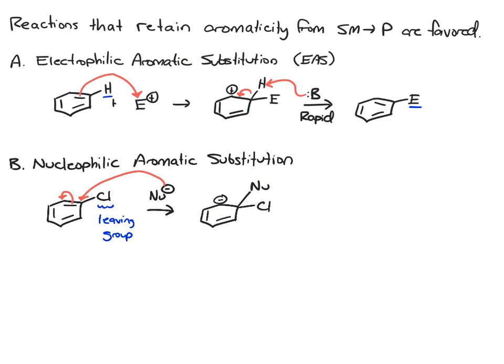Again, we've temporarily lost aromaticity, but what happens in this case is this negative charge comes down, or that lone pair comes down to reform the pi bond, and you lose your leaving group. So in this case, we substituted the chlorine with the nucleophile.